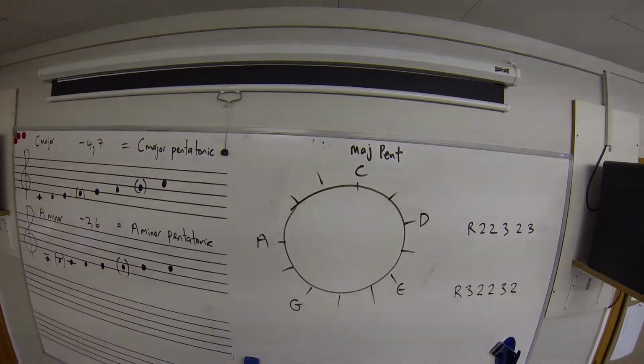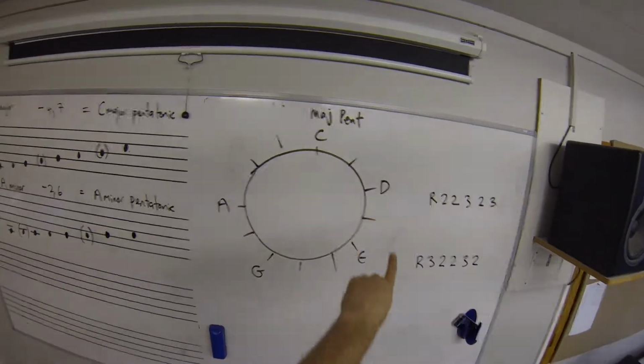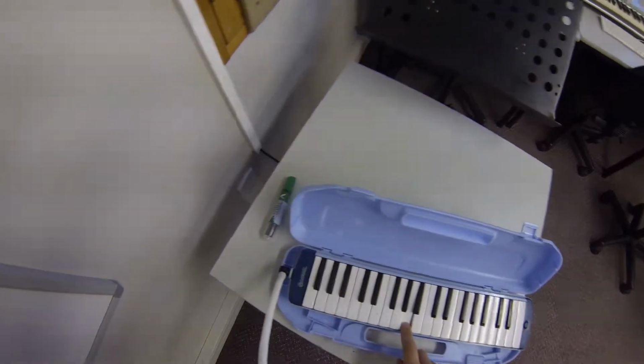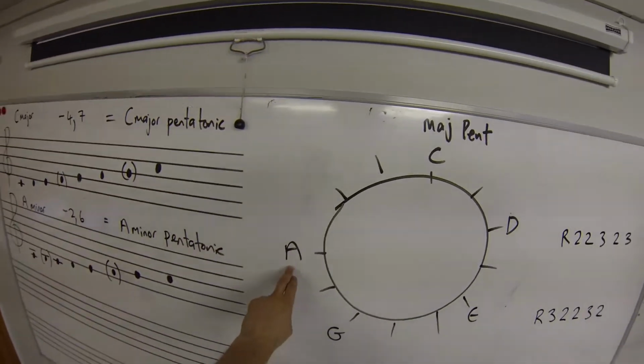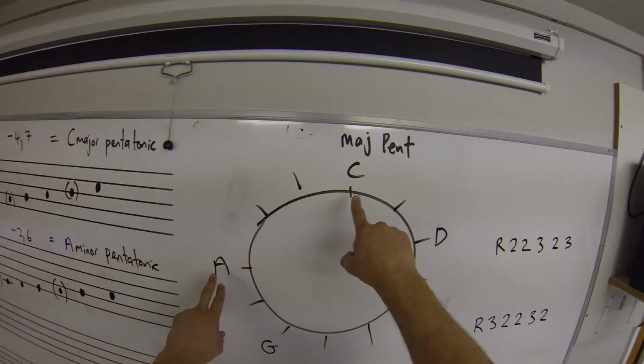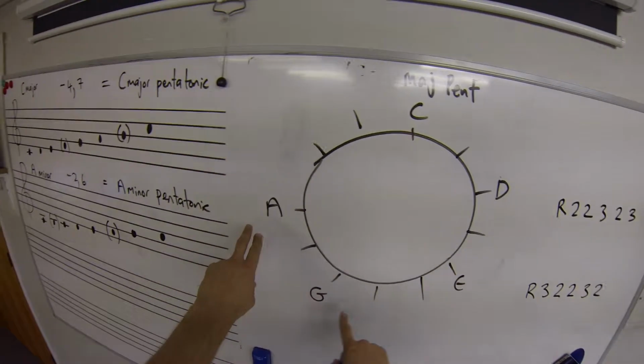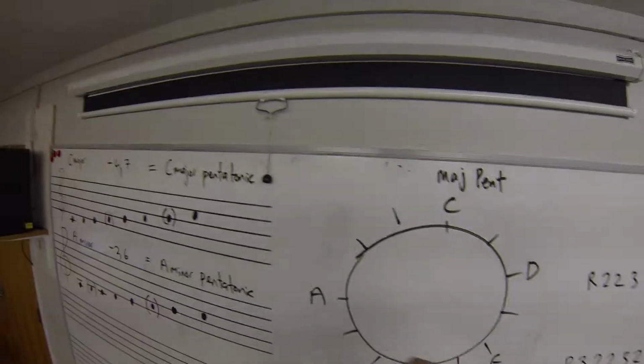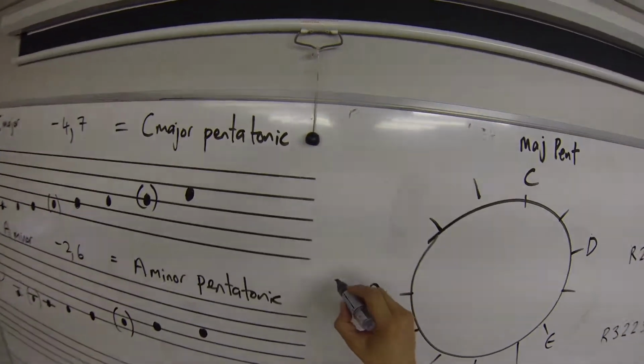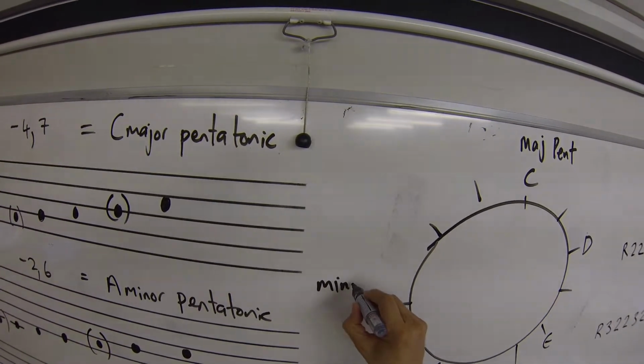So if we look at starting the same group of notes on the A, and I'll just pull up an A here. Here's A, and if we go A, C, D, E, G, A, we've got a minor pentatonic, and now it starts to make sense.